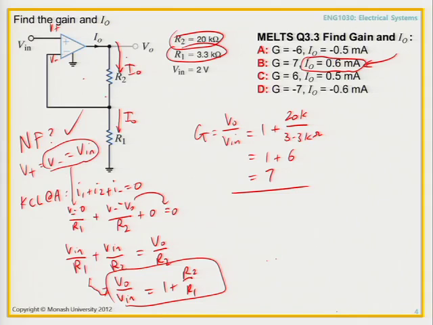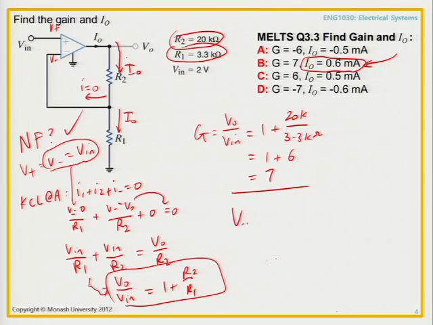Why do you know this? Because there's no current going through here. So any current that goes into R2 must also come out of R2, and the only place for it to go is through R1. Therefore, the current that goes through there is equal to whatever you calculate for V0 divided by the two resistances. That's one way to work it out.